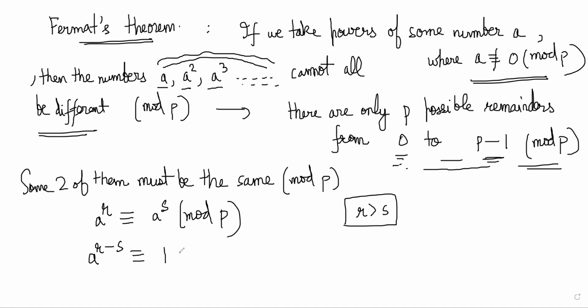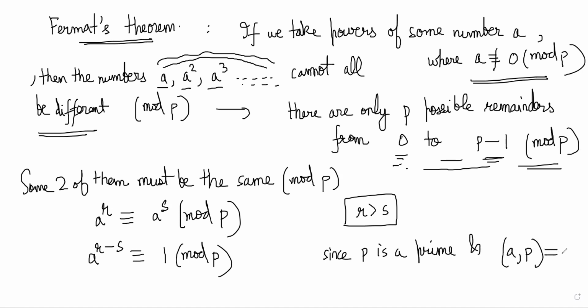So a^(r−s) is congruent to 1 mod p, right? Since p is a prime and the GCD of a and p is 1, therefore we can do this division. So what we realize from here is there is one power of a, r − s, which is congruent to 1 mod p.